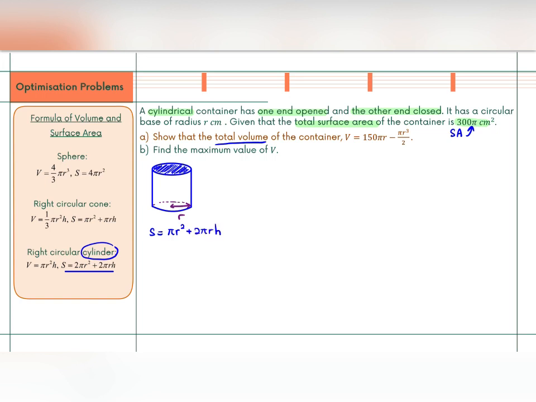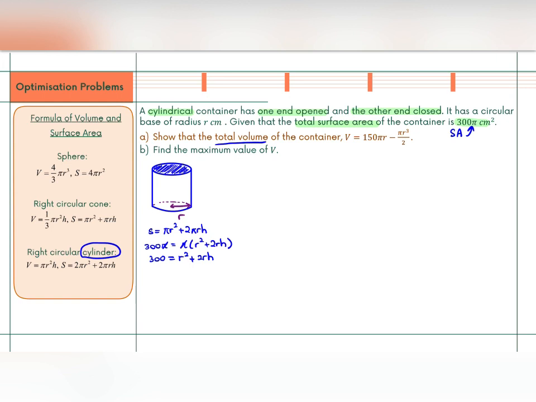Okay, so this is our formula of surface area. So now saya gabungkan dengan information 300 pi. So 300 pi is equals to pi r squared plus 2 pi r h. So kenapa saya simplify kat sini? Sebab kita boleh potong pi. So therefore we have 300 equals to r squared plus 2rh.